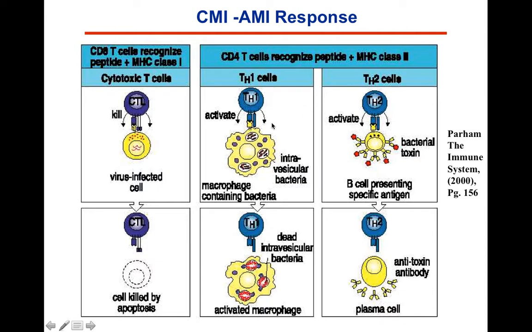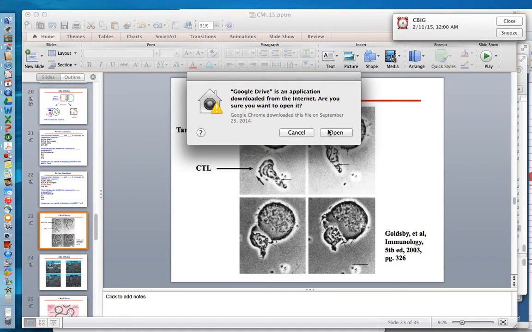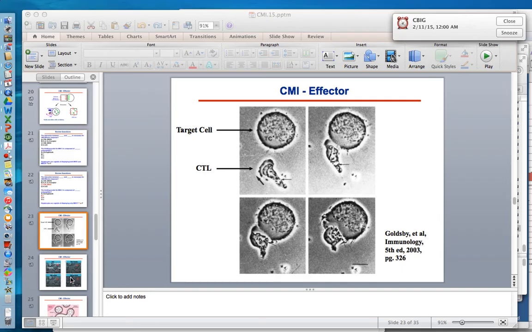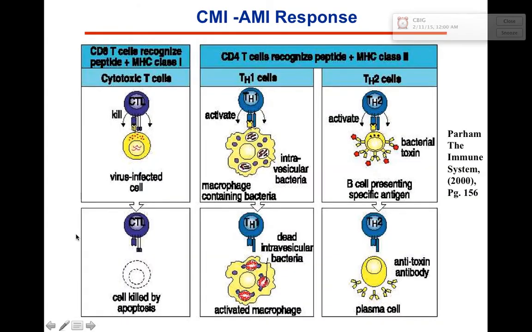Th1 cells are involved in interacting with antigen processing cells that interact with MHC2 as well, and activation then of cells producing IL-2.